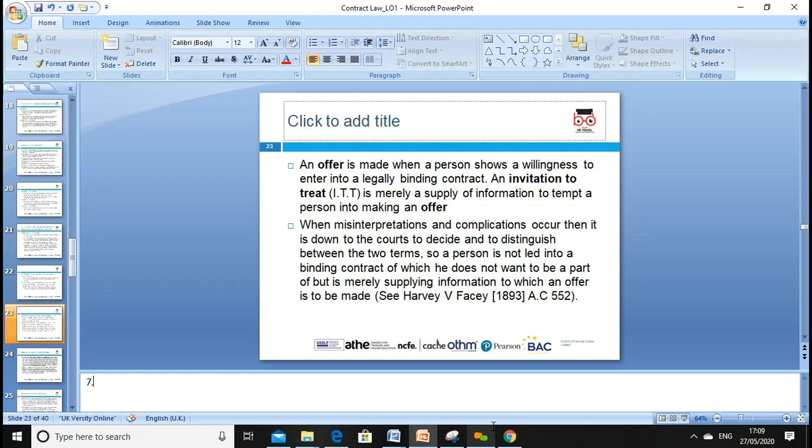For instance, if they received the car and it came in a different color, and a document that was already signed said the car was black, but when the car was delivered, it was white. So it's a misrepresentation of what the contract states, and we have a right to cancel the contract. So always keep that in mind.